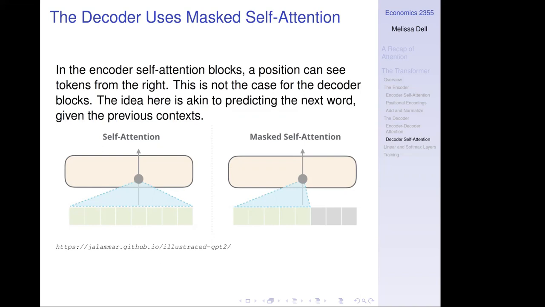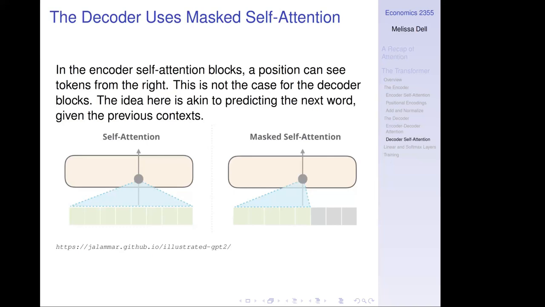In the encoder self-attention blocks, a position can see tokens from both sides, both the left and the right. We feed in that entire sequence and it can attend to any token that it wants in the sequence.